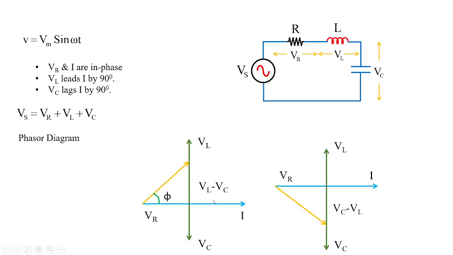So you can see here, if inductive voltage is greater than capacitive voltage, then we take the difference as VL minus VC. And if the capacitor voltage is greater than the inductive voltage, then we take the difference as VC minus VL.